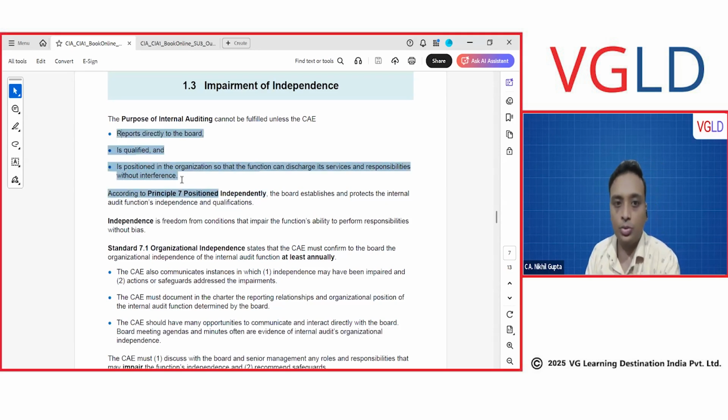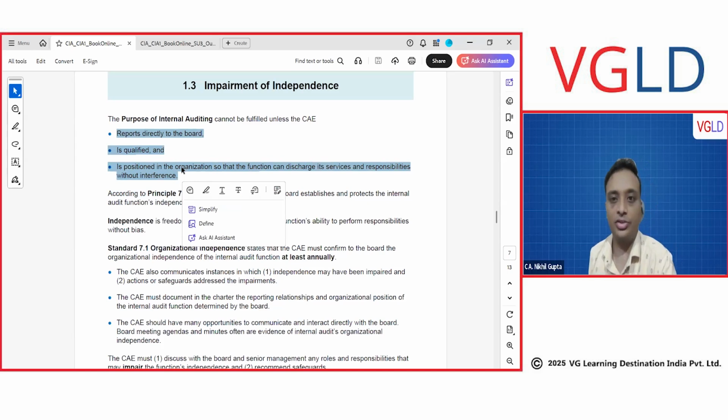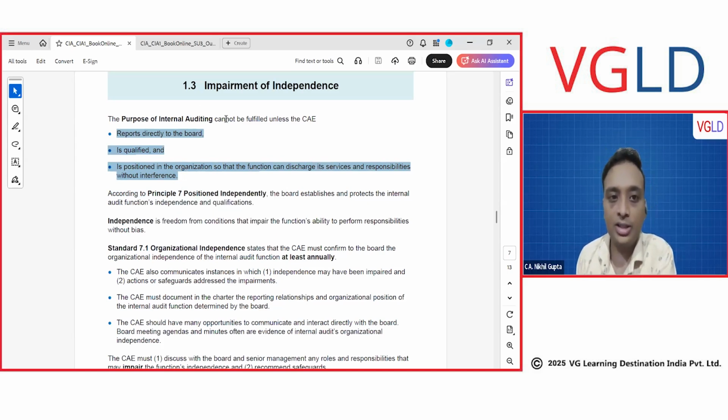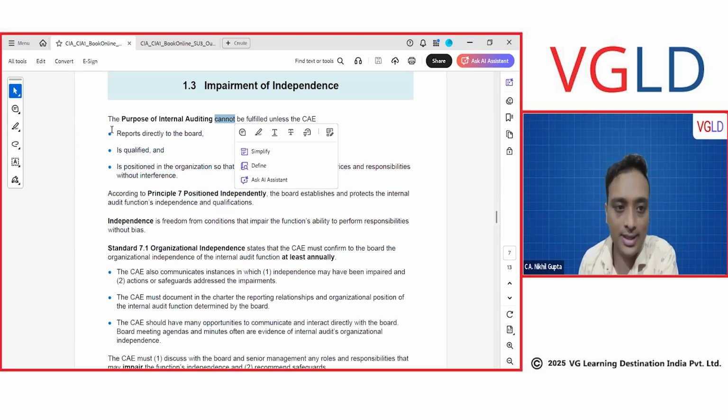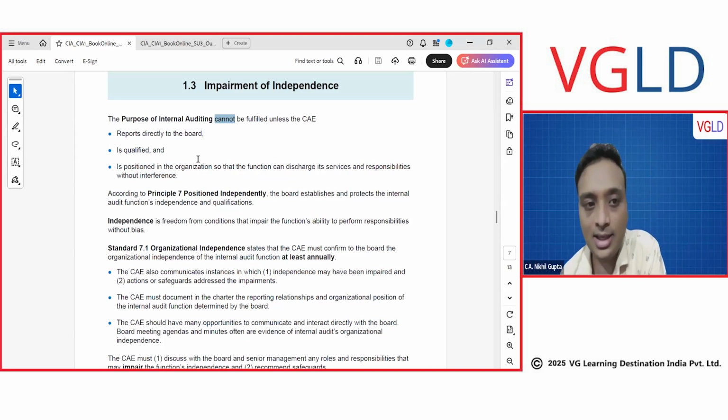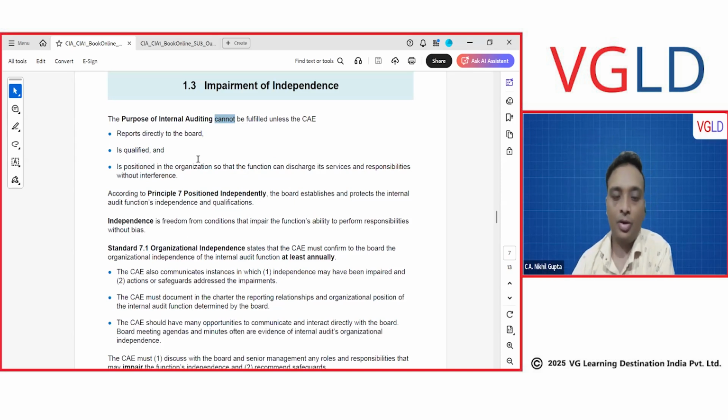This can help you to answer your questions. It is really important. It is not saying how it can be fulfilled; it is saying the purpose cannot be fulfilled. These are the main steps we need to remember: until and unless the CAE is performing these things, the purpose of internal audit fails.